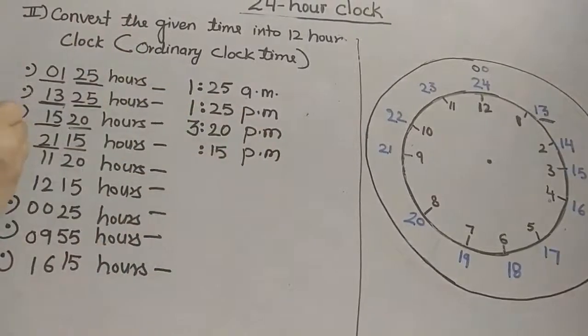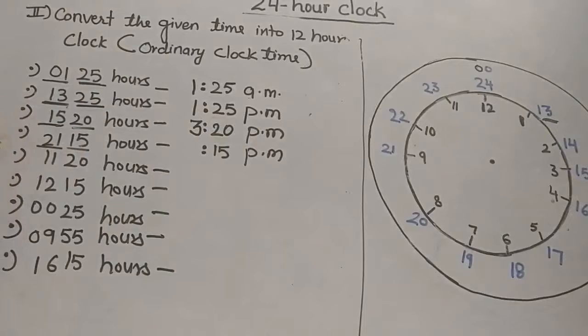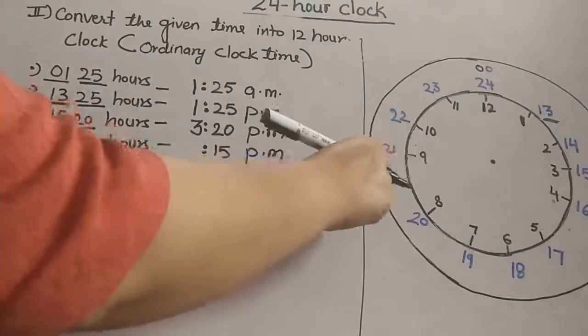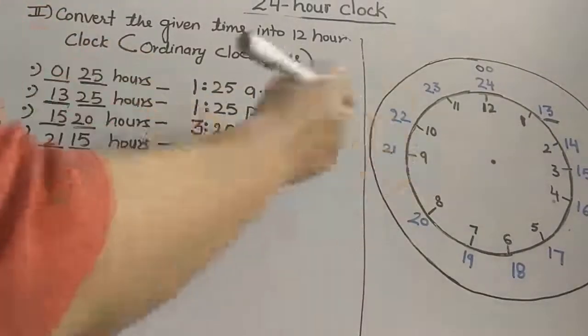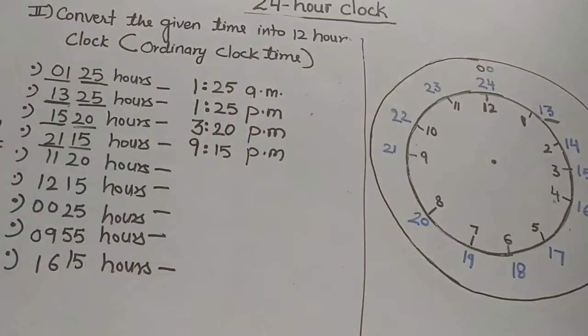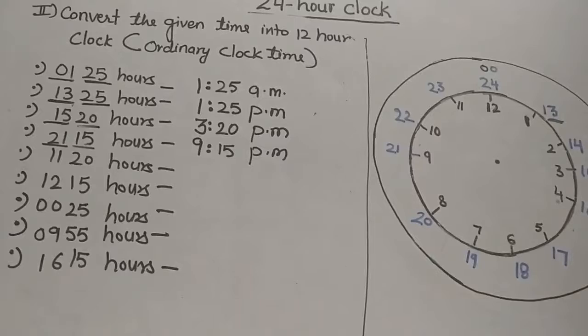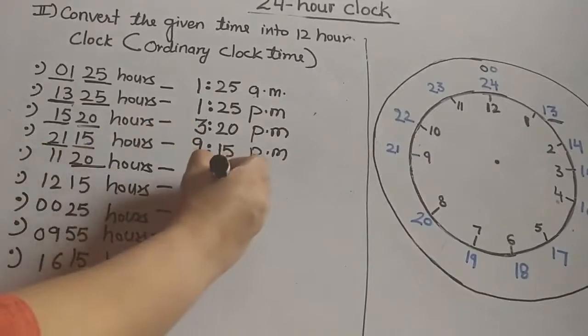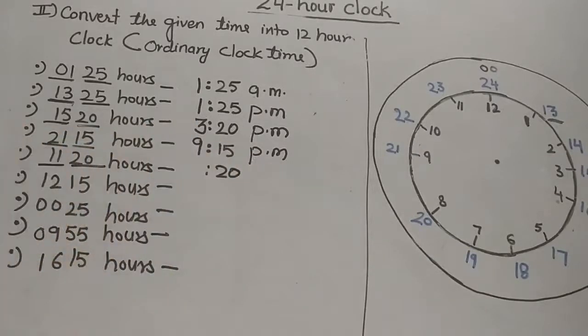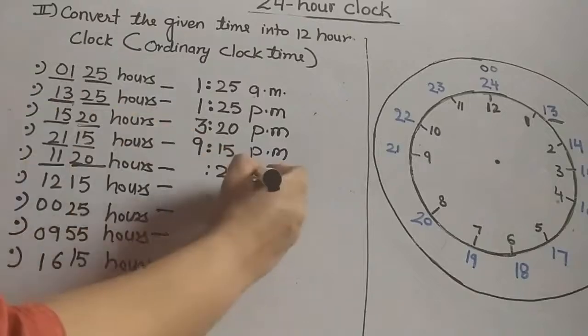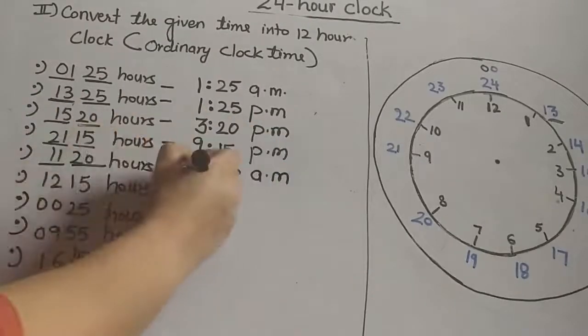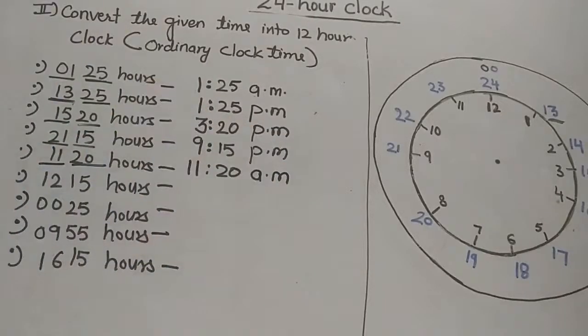Now 21 minus 12 is 9, or the value of 21 is 9. 9:15 p.m. Next, 11:20 hours. 20 after the colon. 11 smaller than 12, so AM. And 11 will be as it is. 11:20 AM.